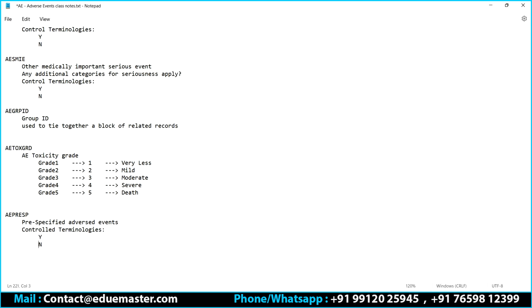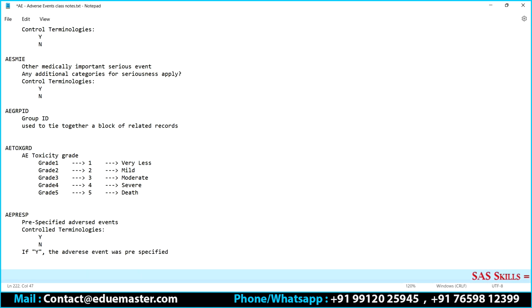Either it is pre-specified or it is not. If yes, then the adverse event was pre-specified in the CRF. That's the only thing you need to understand. If it is a yes, it is already specified in your list.